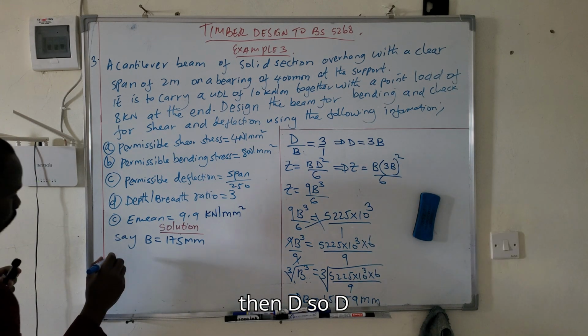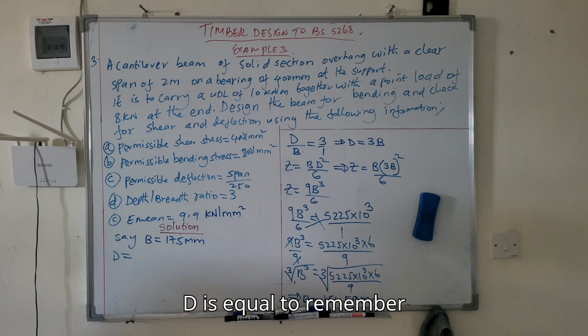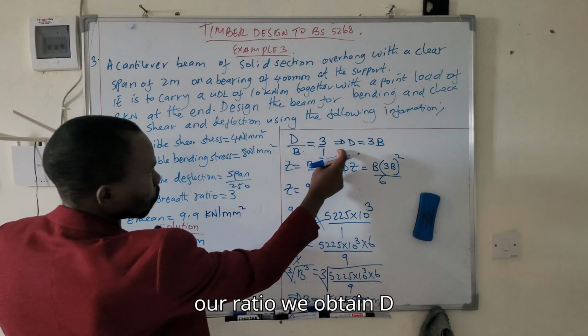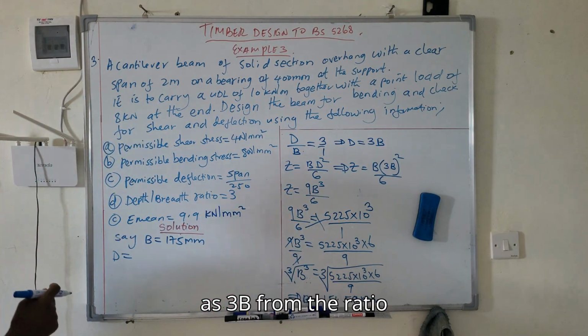Then D. Remember, our ratio, we obtained D as 3B from the ratio.